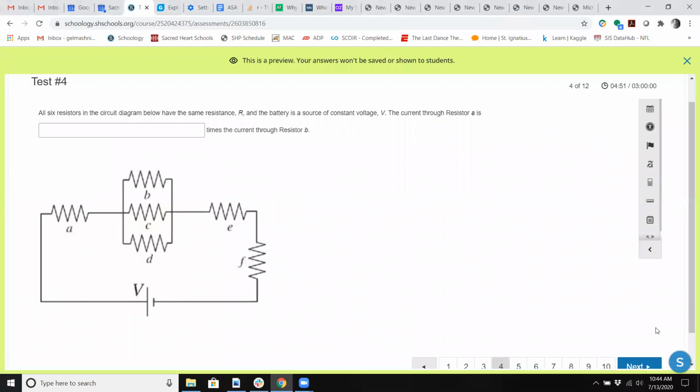Okay, circuits. Some people still have a little trouble with this. So you're asked to compare the current resistor A to the current resistor B. What you could do to make your life a little easier is just make each of these 1 ohms.